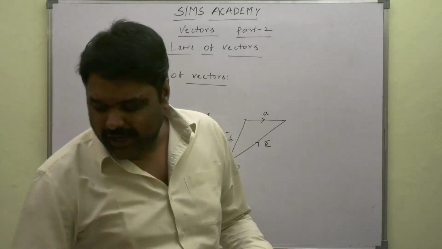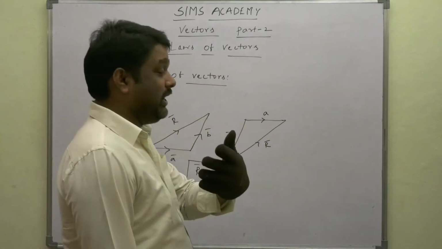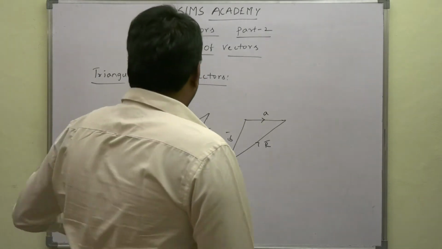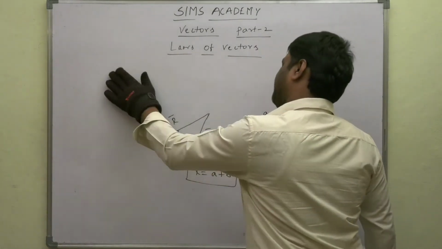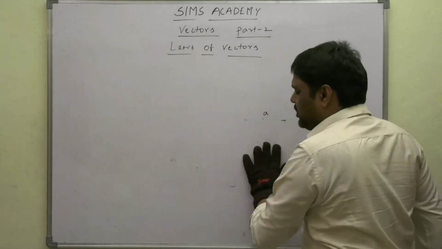Then what about the polygonal law of vectors? Sorry, not polygonal. Parallelogram law of vectors. What is the difference between these two?